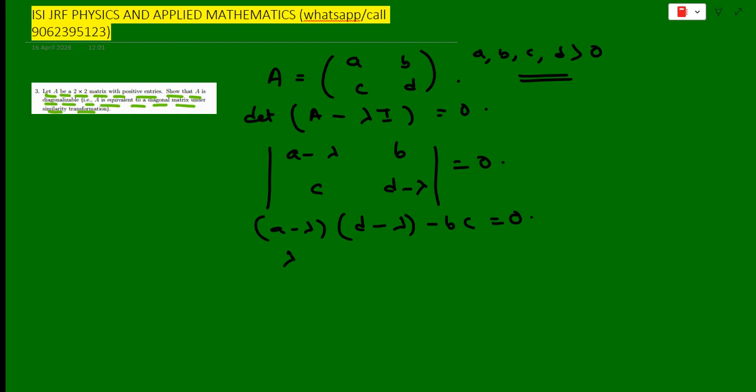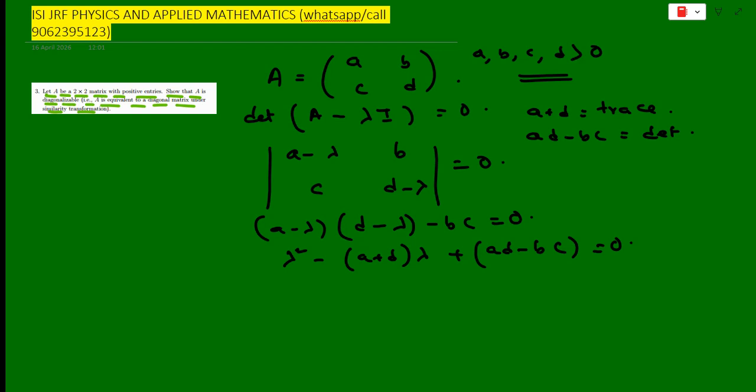So lambda square minus (A plus D) lambda plus (AD minus BC) is 0, right? A plus D is the trace, and AD minus BC is the determinant. Now we check the discriminant.